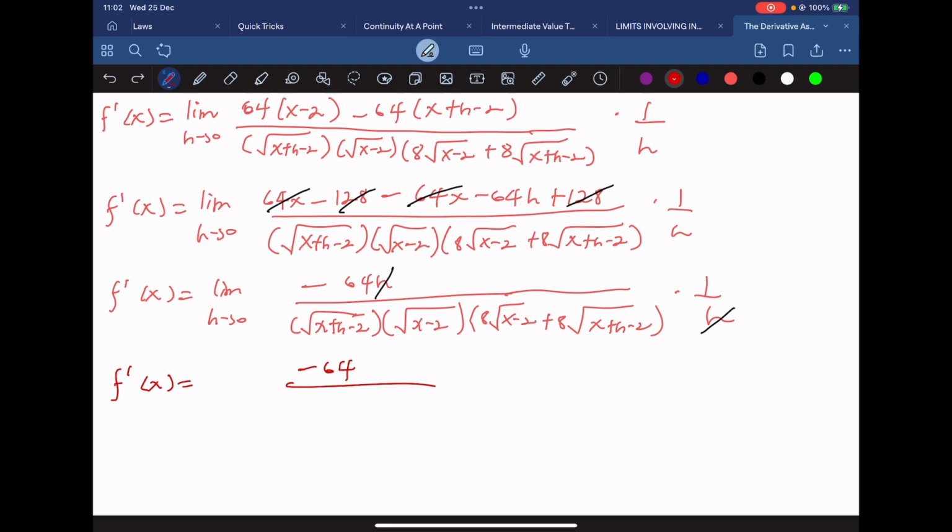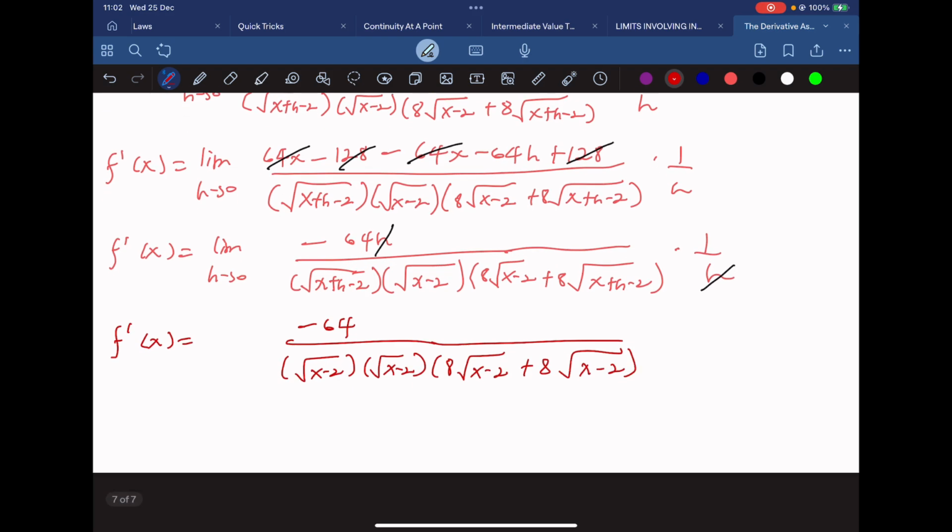So for the first parenthesis, we have root of x minus 2. The second one, there is no change in that. For the third parenthesis, we have x minus 2, no change. In the second one, we have x, then plus 0, minus 2, so we have this.